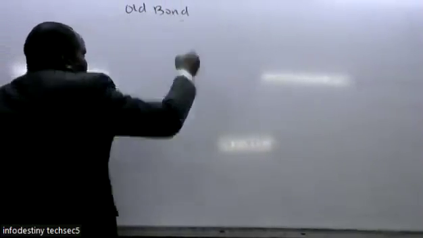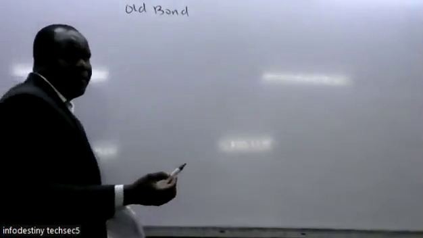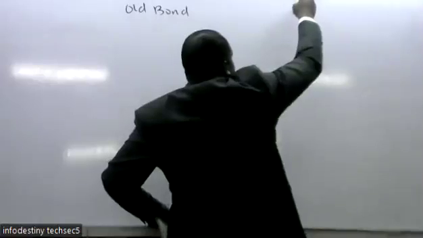So to compute those savings, what we need to do, we classify them. We shall be having the old bond and also the new bond.